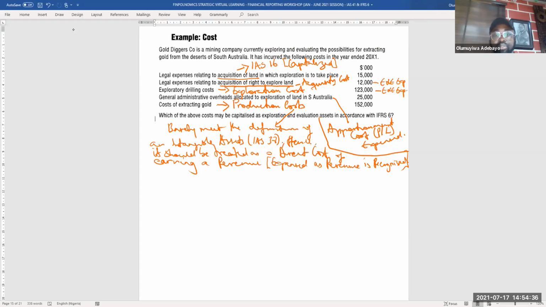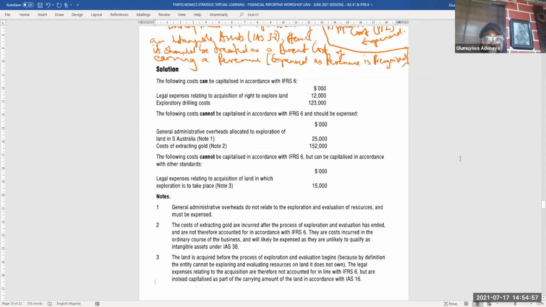Okay. Now, let's see the elaborate solution now. Can somebody take it up and see whether it's in tandem with the way I've analyzed it?